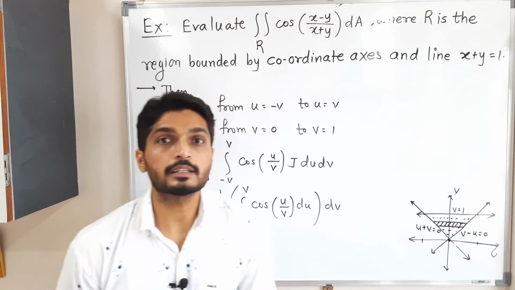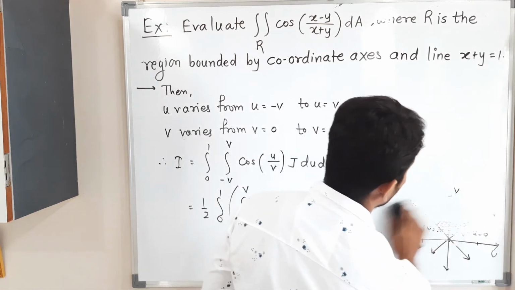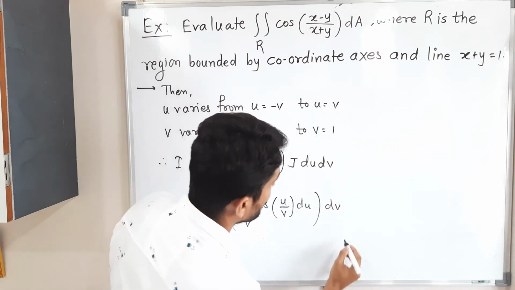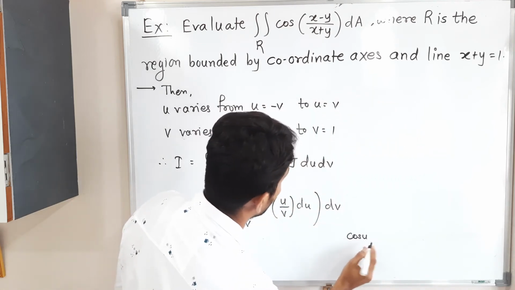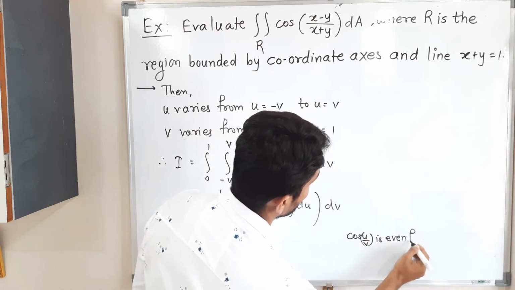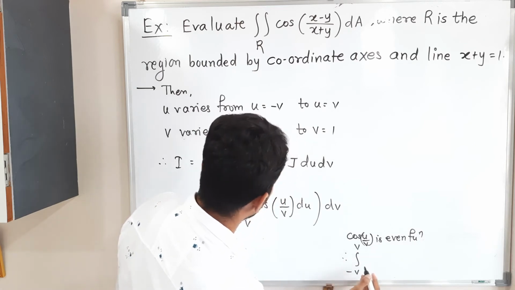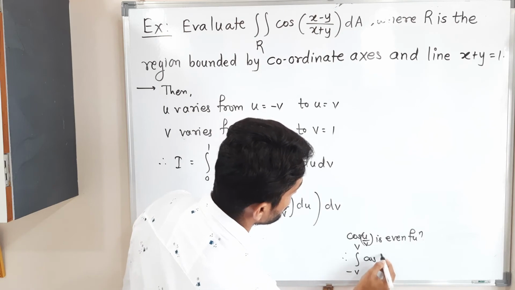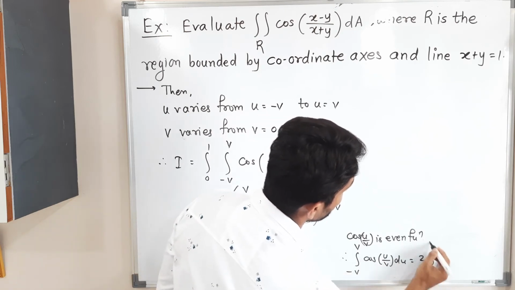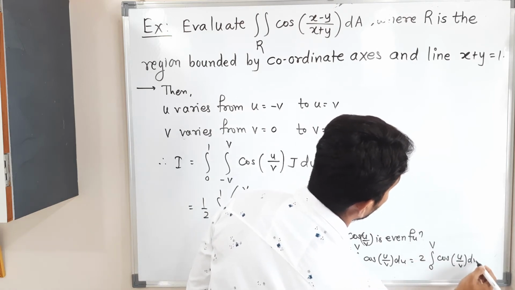But see, cos is an even function. I think the diagram is not required, so let me remove it. See, cos(u by v) is an even function. Therefore, integration from minus v to v of cos(u by v) du is equal to 2 times integration 0 to v of cos(u by v) du.